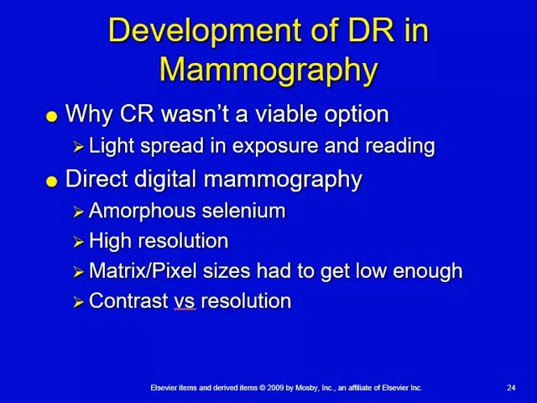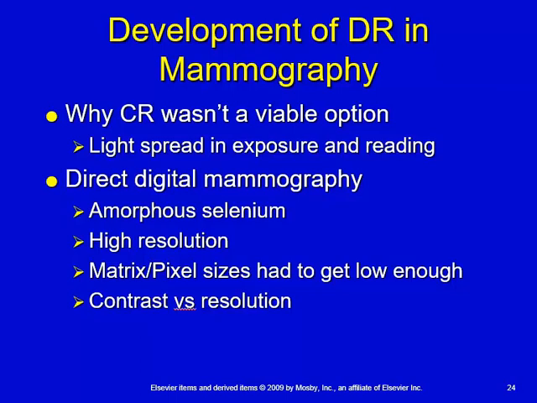So the spread of the light and the loss of intensity of the light, and also the loss of spatial resolution as the light spread out between phosphors, meant the spatial resolution just wasn't there for mammography with CR.